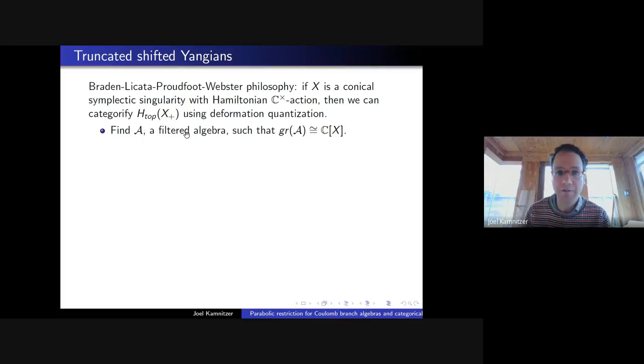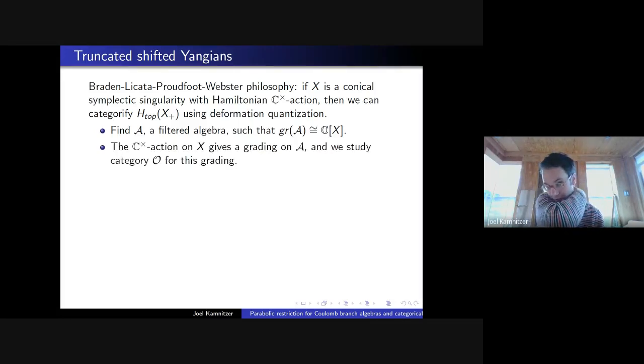First, we find a deformation quantization of X. That means we find a filtered algebra whose associated graded is isomorphic to the coordinate ring of X as a Poisson algebra. So this algebra A will be a non-commutative algebra. Its first order commutator will be given by the Poisson structure on the coordinate ring of X. So this makes it an isomorphism of commutative Poisson algebras.